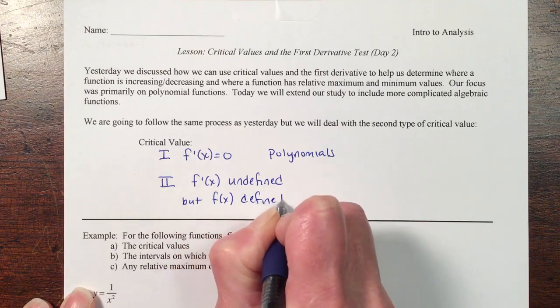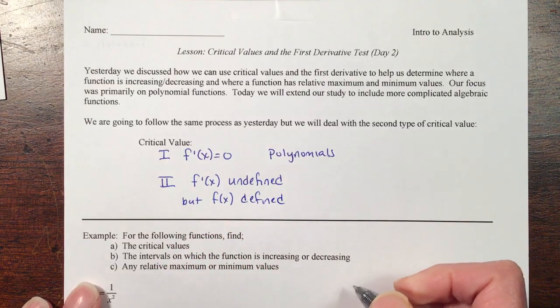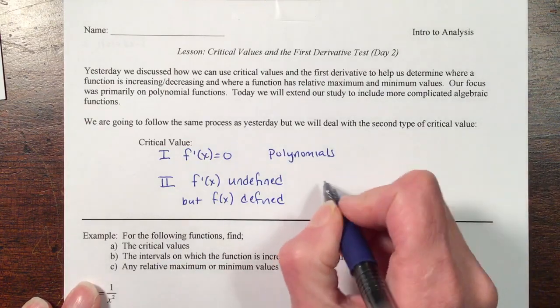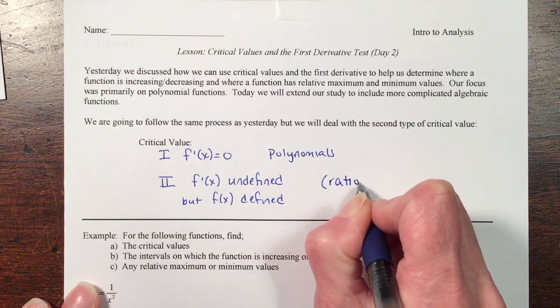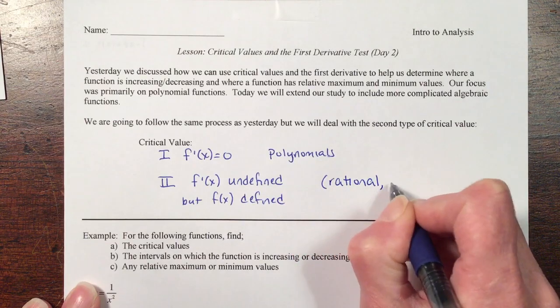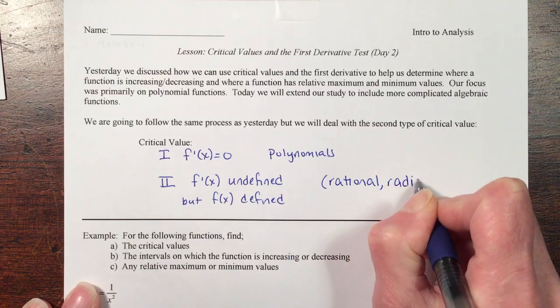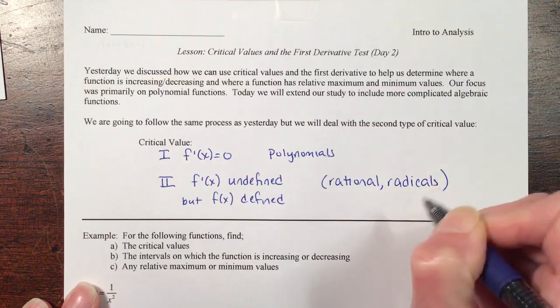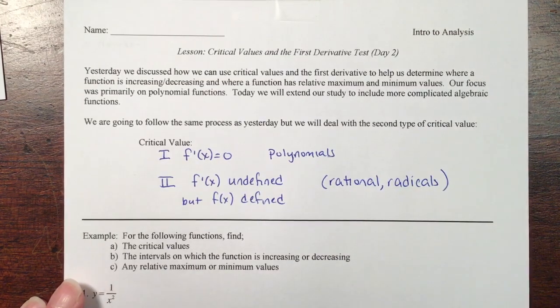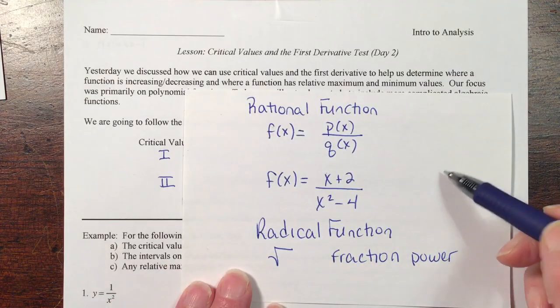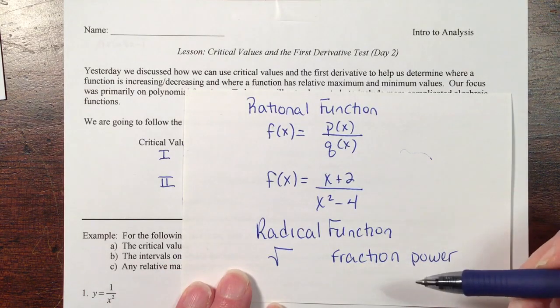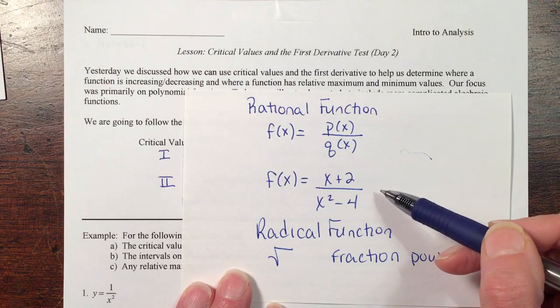This may seem a little bit confusing, but as soon as we do an example, you'll be good to go. This type of critical value is usually found when we're dealing with rational functions and radical functions. So let's review for a second. A rational function is when I have one function over another function, for example, something like this.